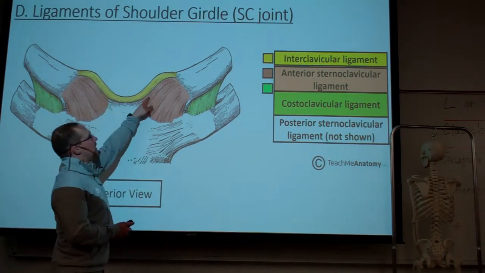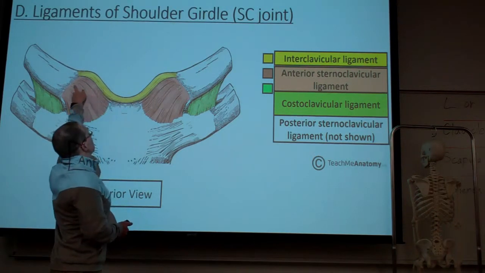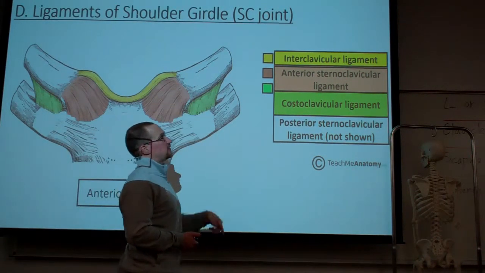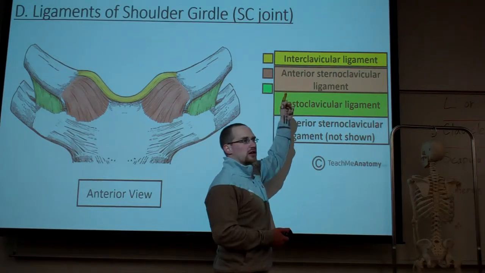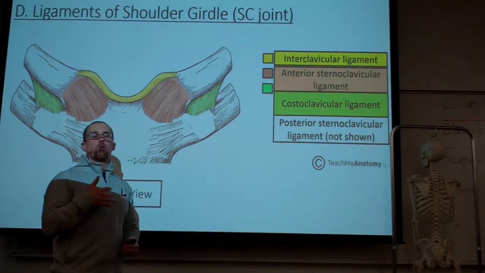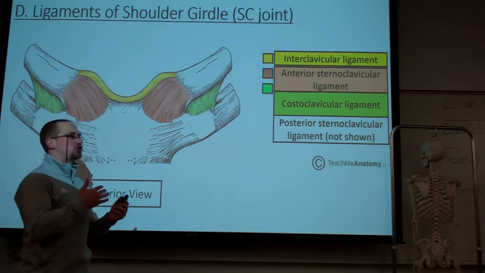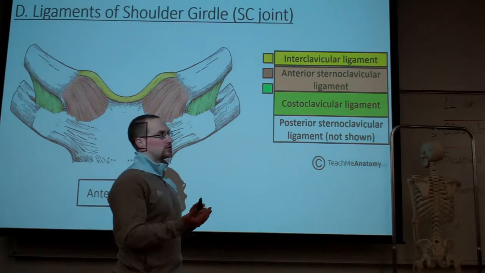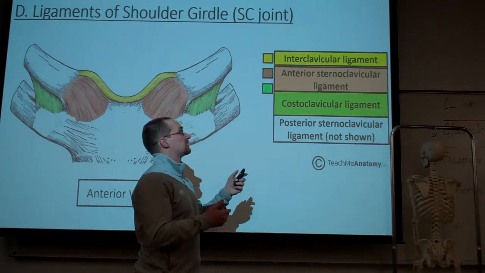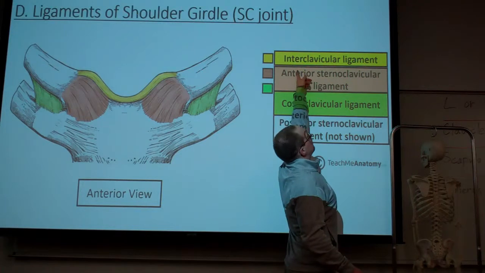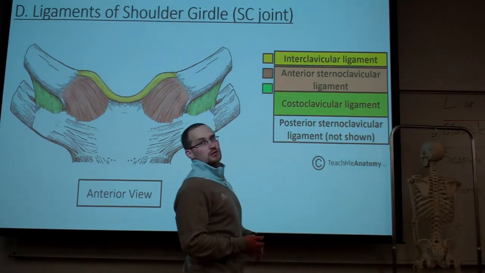And then in yellow here, the ligament that spans both clavicles is your interclavicular ligament. So wherever you see the word inter, we're thinking between two bones. Specifically, in this case, between two clavicle bones.